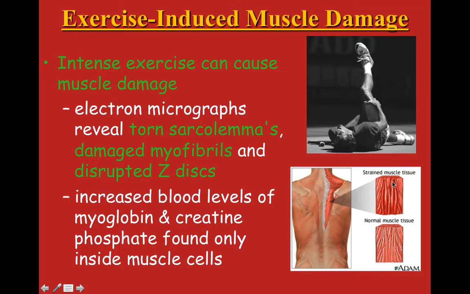Now, in strained muscle tissue, the muscle fibers are enlarged and redder, which means they're getting more blood flow because they're being strained. Some of them may have ruptured or been disrupted where the Z-discs are, and we're going to talk about what the Z-discs mean. Like I said, increased blood levels of myoglobin and creatine phosphate are found only inside the muscle cells.